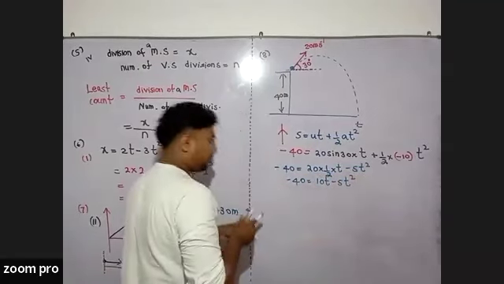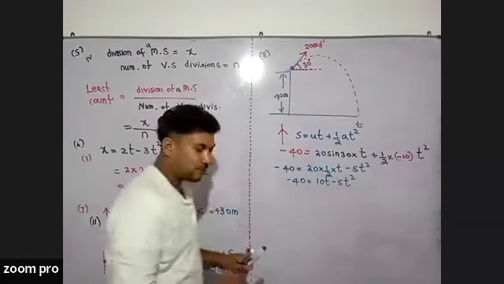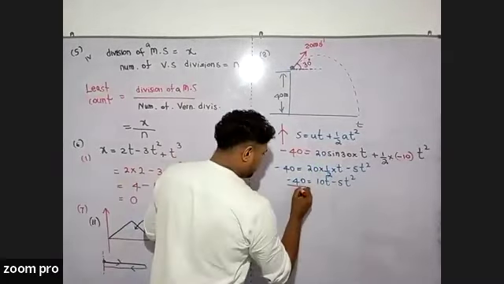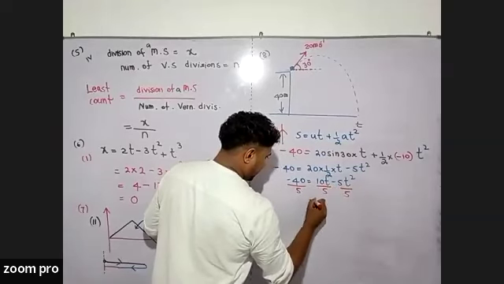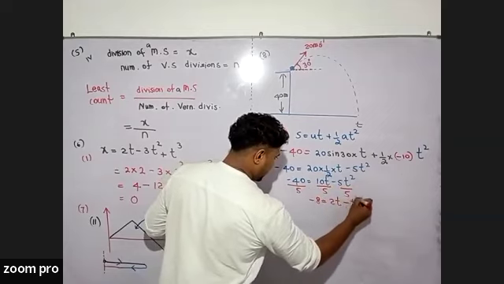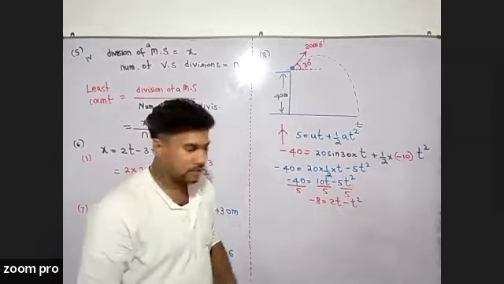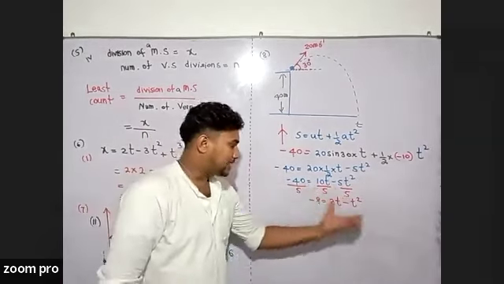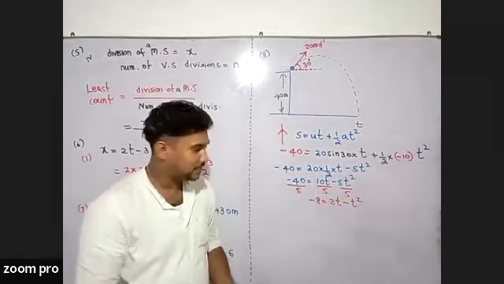If we simplify it further, let's divide the whole expression by 5. Minus 8 equals 2t minus t squared. In order to obtain the quadratic equation, it's better to convert this expression to have a positive squared term, right?